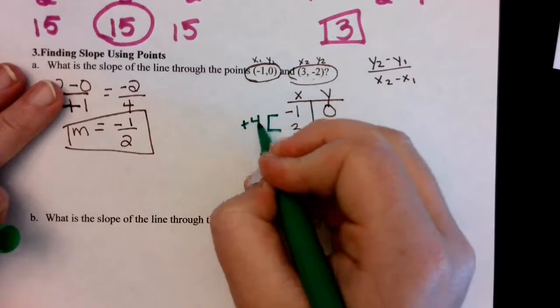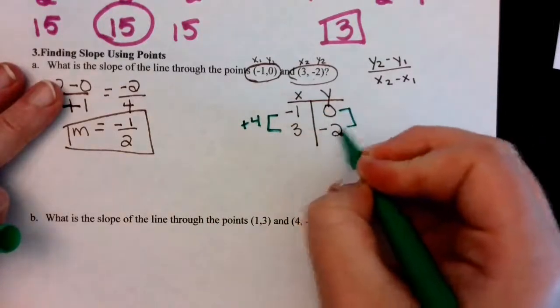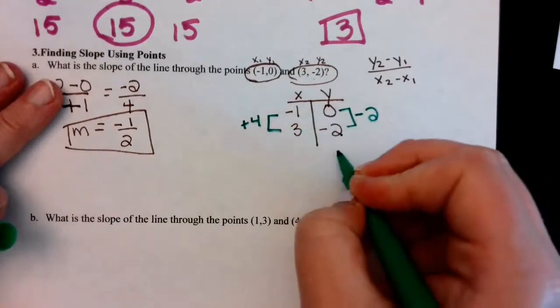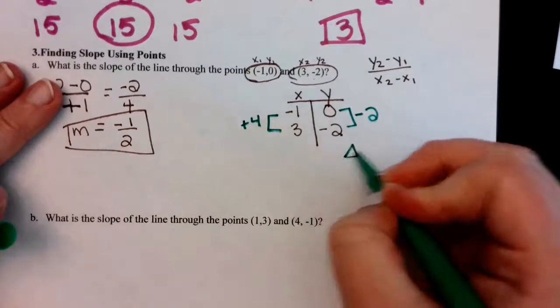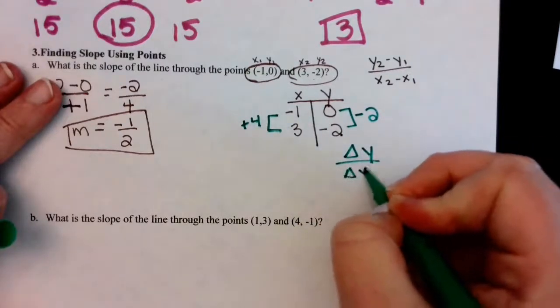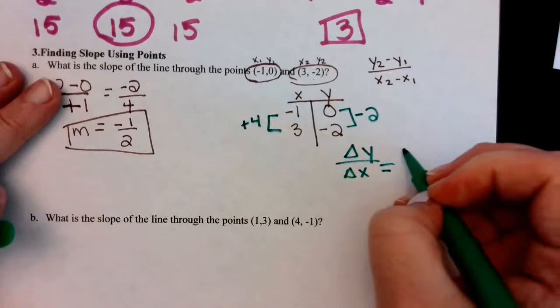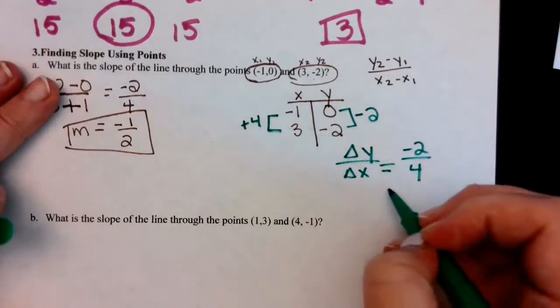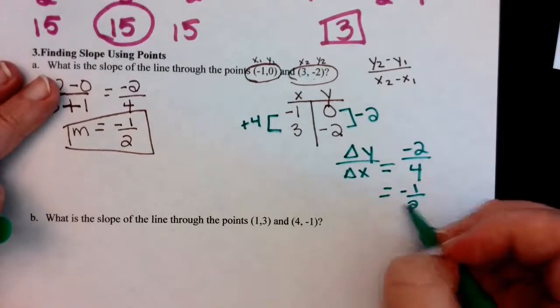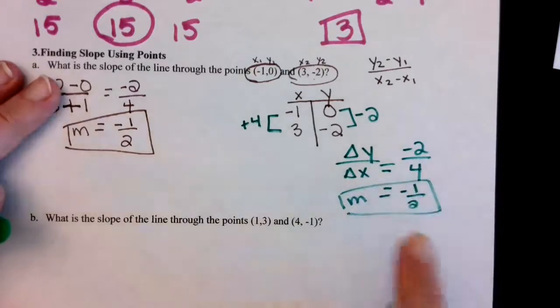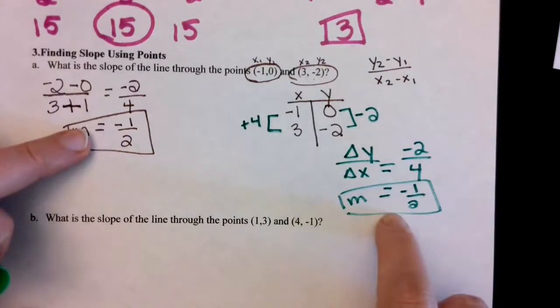I add 4. I subtract 2 to get from 0 to negative 2. Change in y over change in x is negative 2 over 4, which we just saw simplifies to a negative a half. Either method works.